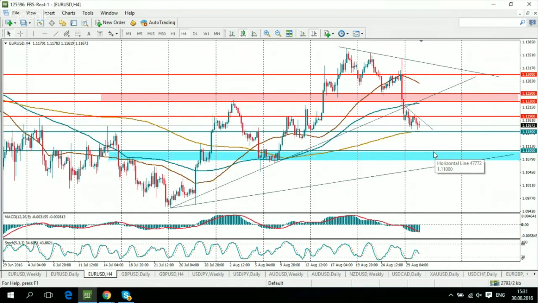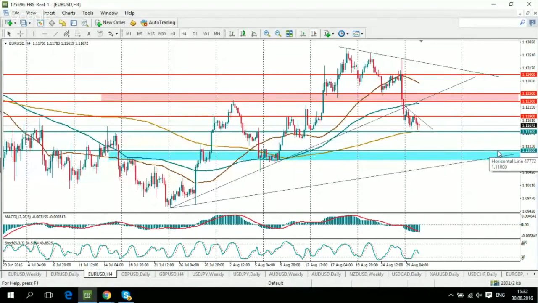I think that it would be better to close positions ahead of the NFP release, just ahead of this on Friday, or when the euro dollar hits this target area of 1.11, and then to conduct another set of technical analysis.